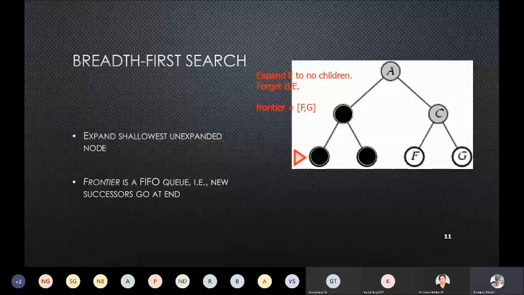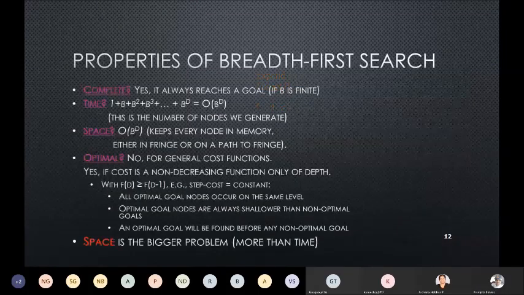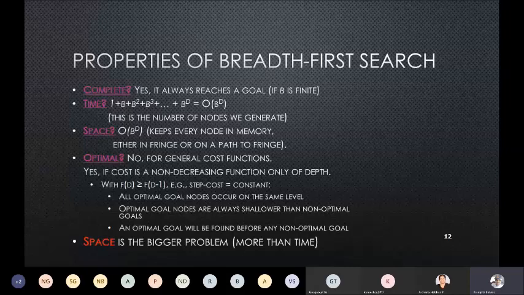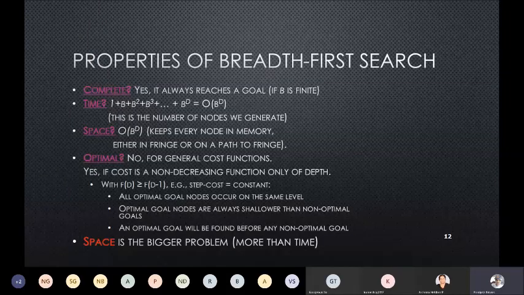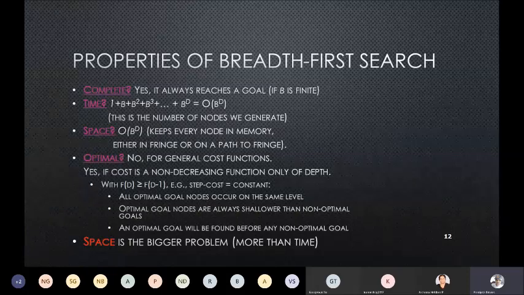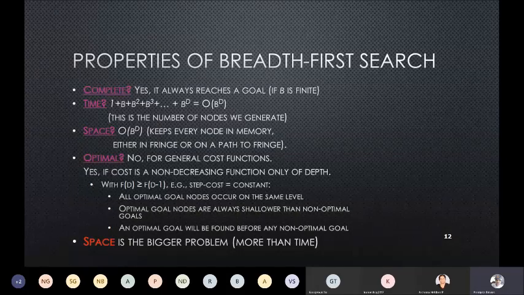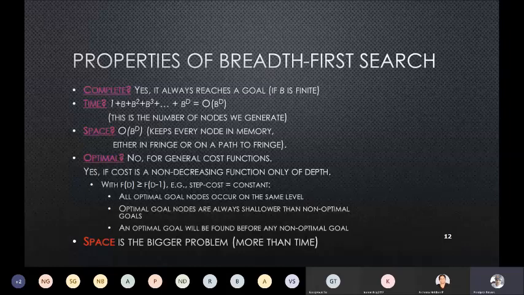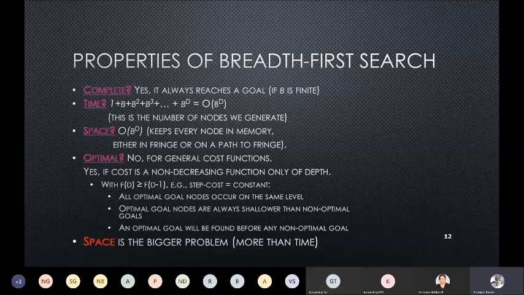So next, how good is the search? Here are some properties that I will try to explain, but you should also try to remember these 4 properties. The first is completeness. That means, will this search always reach its goal state or not? Because as a designer you are making a choice whether to use breadth first search or not.